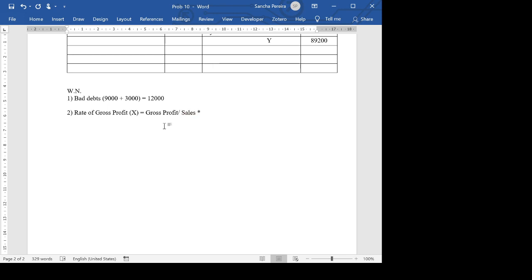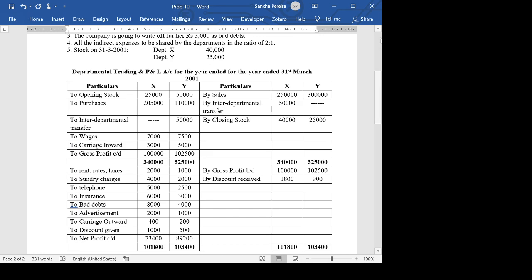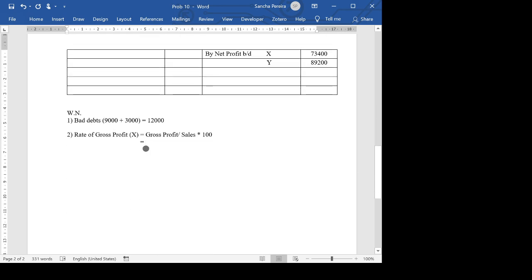into 100. Gross profit divided by sales, and I told you that day that the sales also include the interdepartmental transfers. So if you take gross profit by sales of X, their gross profit is 1 lakh, like we've already calculated.